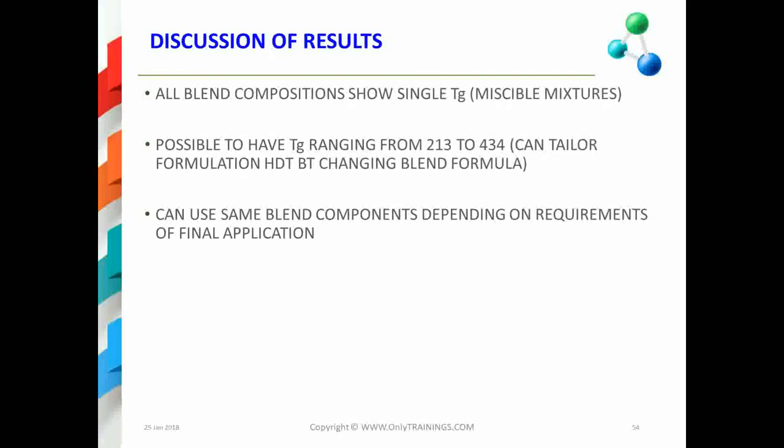Following up on that comment, it is possible to use the same two blend components to produce products that meet a range of requirements for various applications, and that effect can be achieved through the appropriate variation of the blend composition. And as I already mentioned, through the appropriate variation of the blend composition, one can actually vary the Tg over a range of approximately 200 degrees C or perhaps even more. Next slide, please.